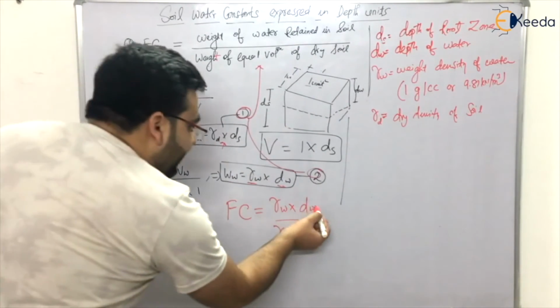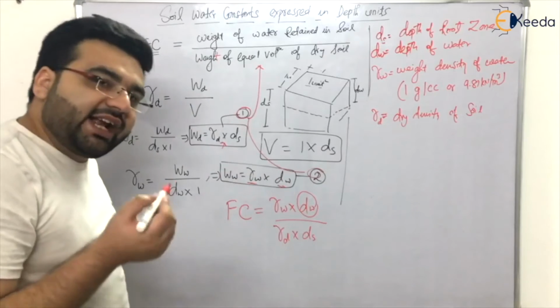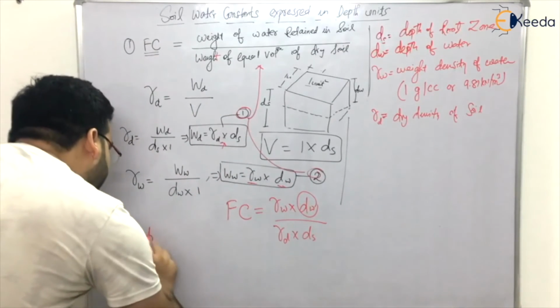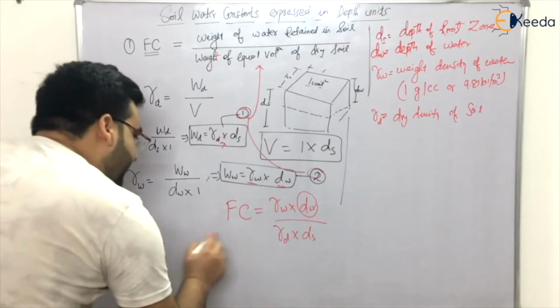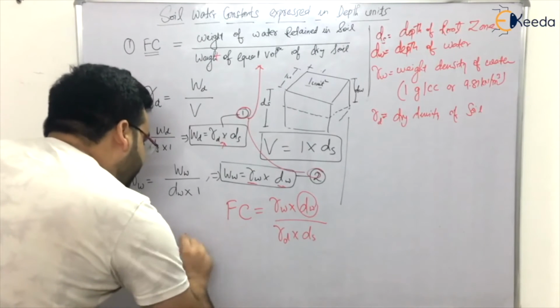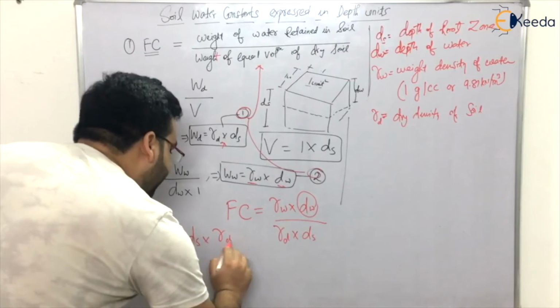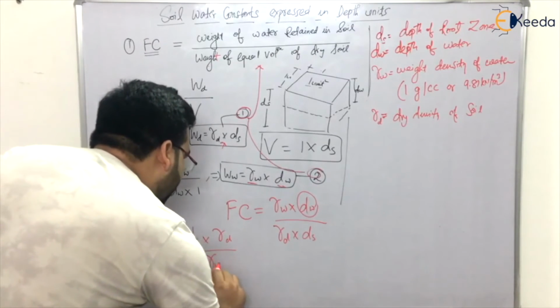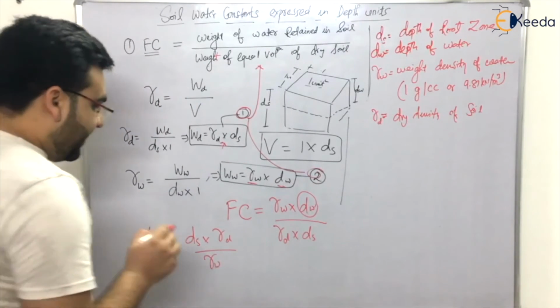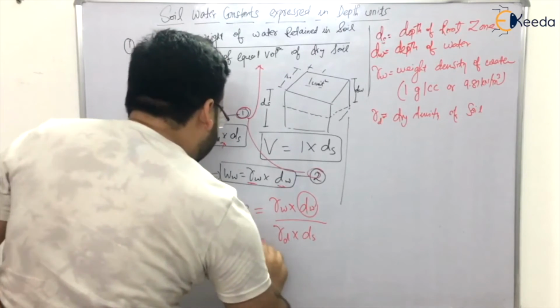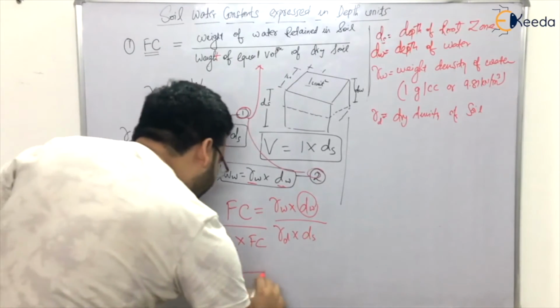So can I get the depth of water? Depth of water will be equal to ds into gamma d divided by gamma w, into the field capacity. This is a very important formula.